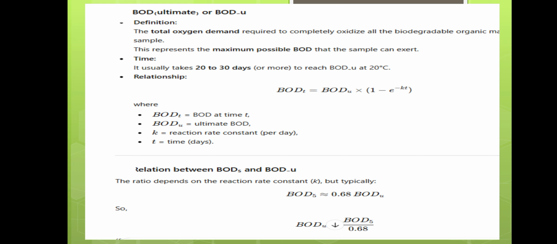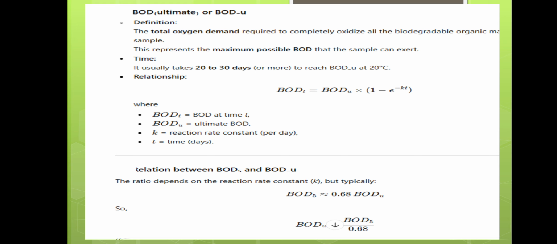Okay, so we will use a simple mathematical formula to deduce BOD ultimate and BOD5. So there is a mathematical relationship. BODT equal to BODU into 1 minus e to the power minus kt. Here BODT is BOD at time t, for example BOD5, and BODU is ultimate BOD.